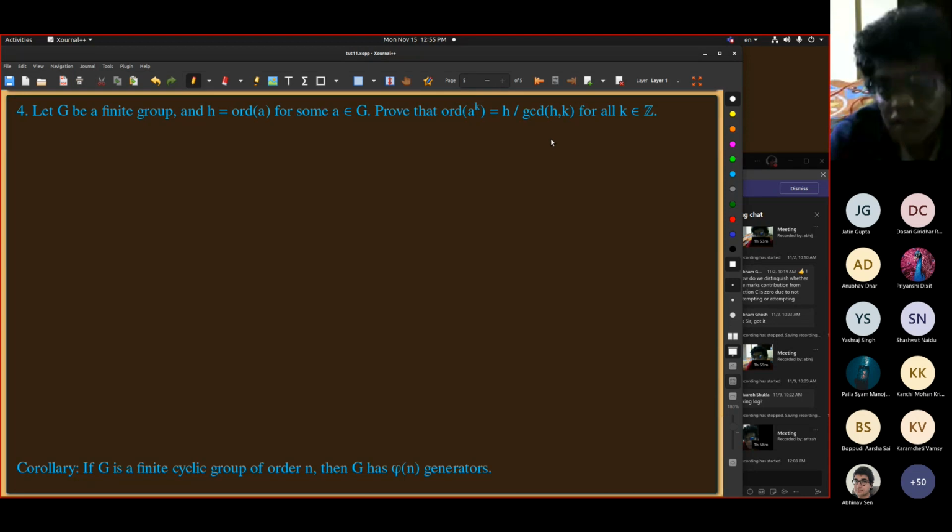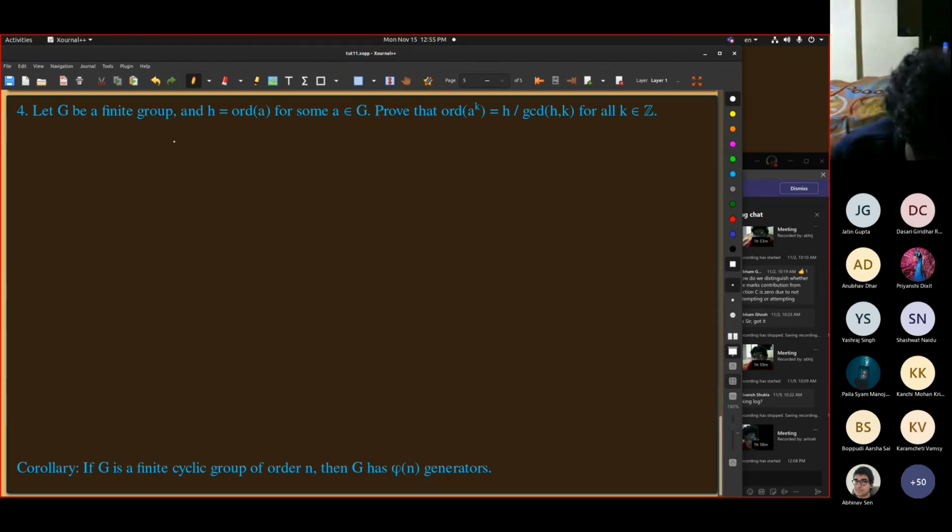But that is precisely the Euler totient function of n, right? So this corollary is very important in number theory, and in algebra also.